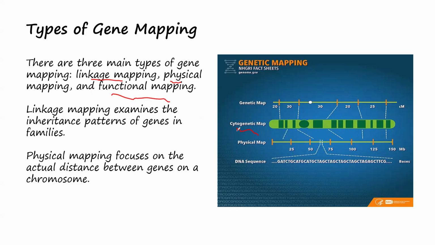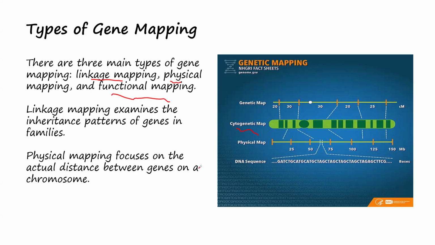When you stain the chromosome, it will give different bands when visualized with an electron microscope. So, ladies and gentlemen, these are the two types of mapping here that we discussed.